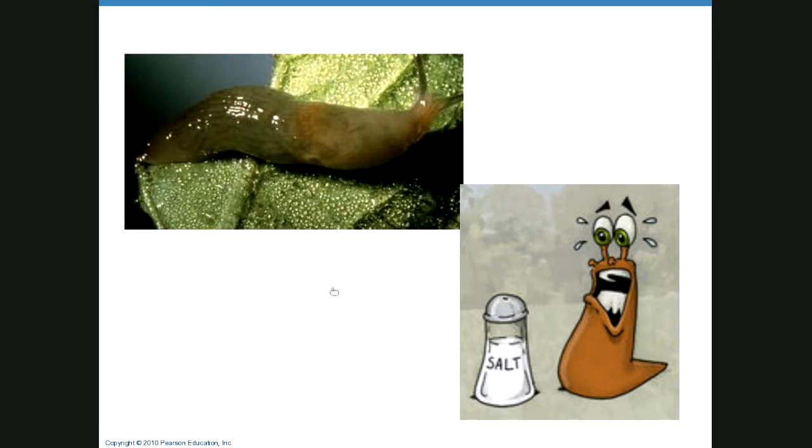There is such a thing as death. The reason that happens is because the salt collects on the mucous membrane of the slug, and since he's not waterproof, it forms a hypertonic solution that draws fluid out of the slug, and it kills him.